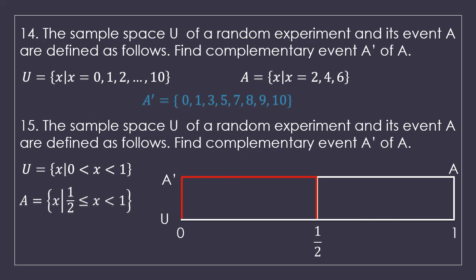Okay, just remember this point. As A is less than or equal to half, A dash will not be equal to half. So when I write it down, it ranges from 0 to half, and that is 0 < x < 1/2. So that would be the complementary event for the given event A.